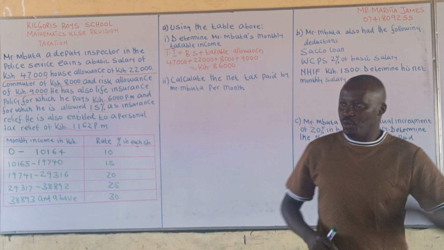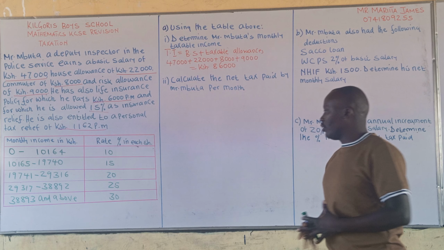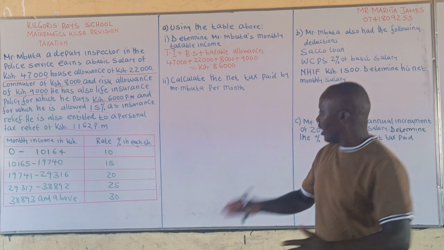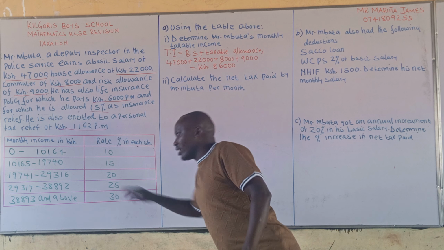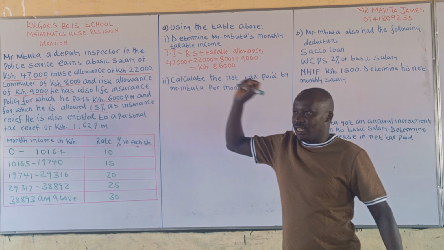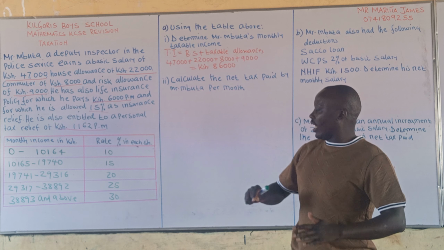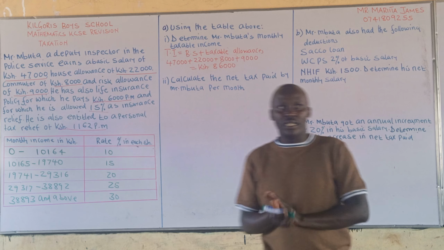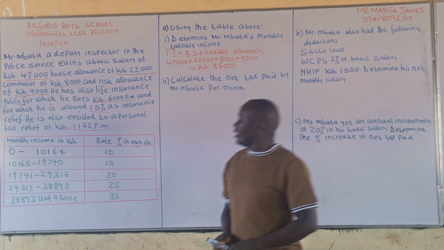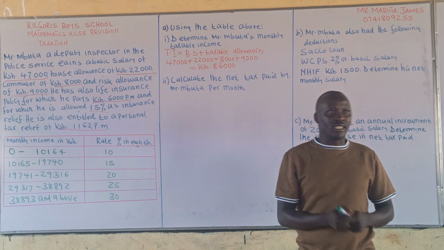Any value above 38,893, the rate is just 30%. And you can see our value here is above 38,893. So in the first case, we have from 0 shillings to 10,164.